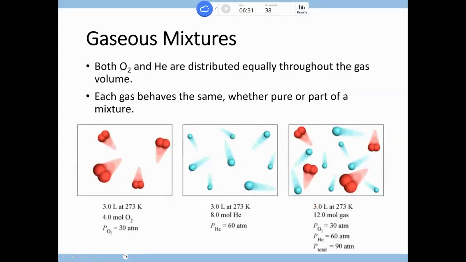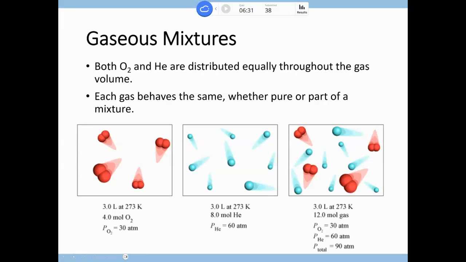We've got another example on this next slide, oxygen and helium. We have 3 liters of a gas at 273 Kelvin. We have 4 moles of oxygen, and its pressure would be 30 atm. We have 3 liters at 273 Kelvin with 8 moles of helium, and its pressure is 60 atm.